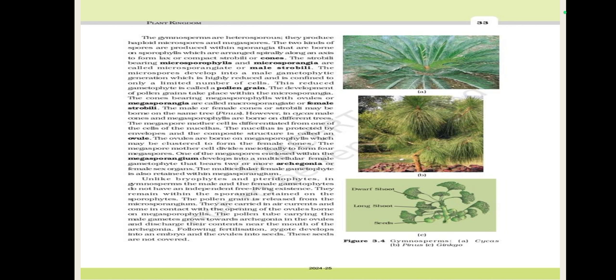The strobilia bearing microsporophylls and microsporangia are called microsporangiate or male strobilia.